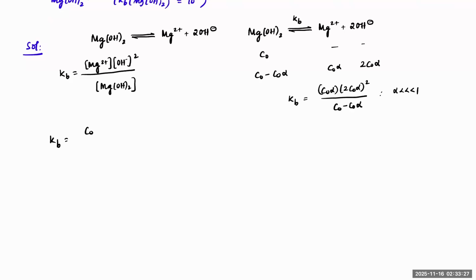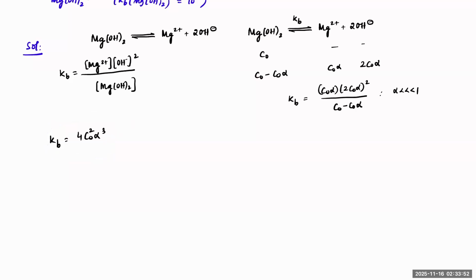So we will have 4 C naught square and alpha cube, divided by 1 minus alpha, and 1 minus alpha can be removed. So 4 C naught square into alpha cube. Got it? So from the given values, you can find out the alpha value.